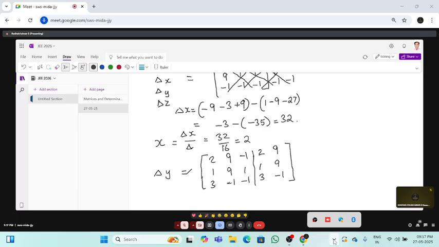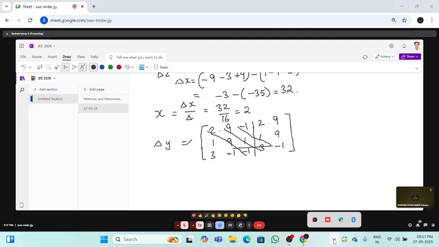So you multiply the first this way. 2 into 9 into minus 1 is minus 18. 9 into 1 into 3 is plus 27. Minus 1, 1, minus 1 is plus 1.